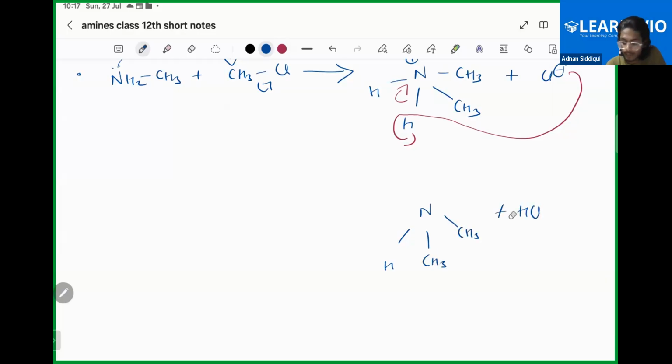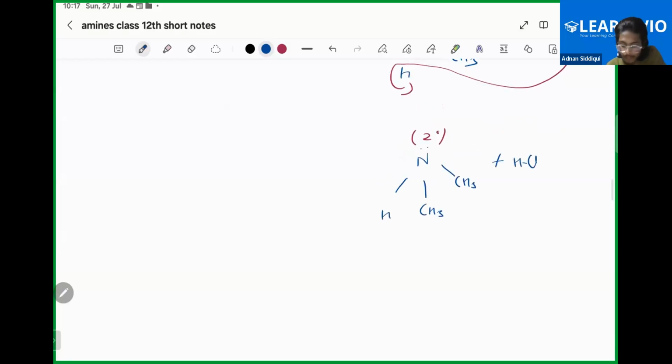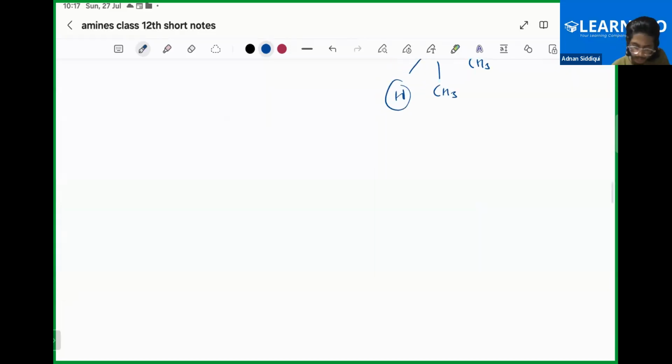Now we have prepared what? A 2-degree amine. Now the reaction is not over yet. It again has a lone pair, and we have another hydrogen which it can sacrifice, right? So it will again attack.